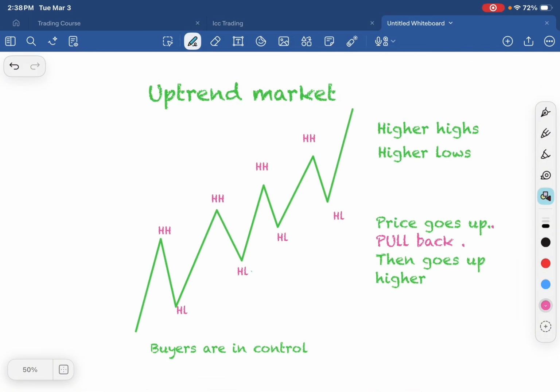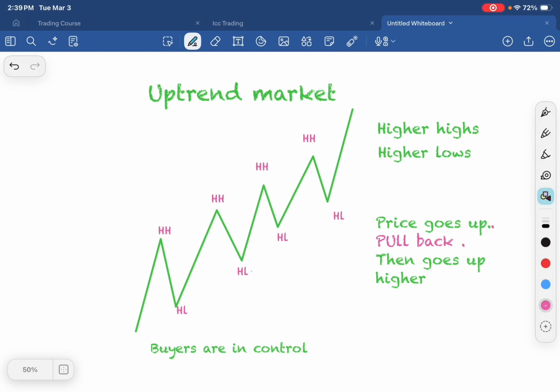So an uptrending market consists of higher highs and higher lows. The HH represents higher high. Price goes up and creates a higher high, then it pulls back to create a higher low, because this low is higher than the previous low.